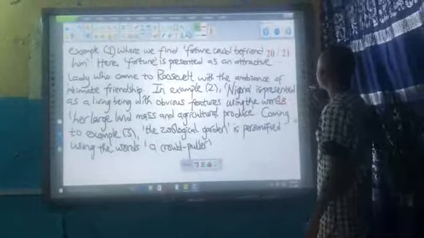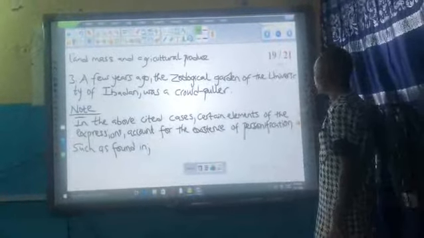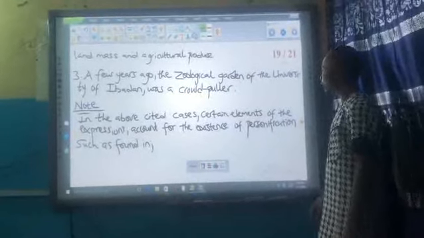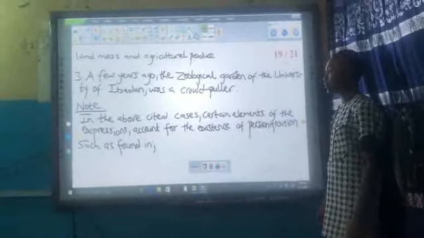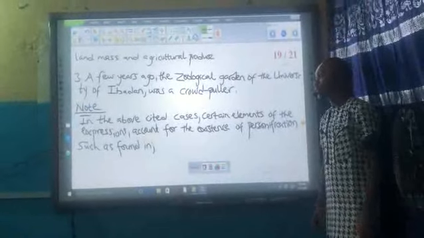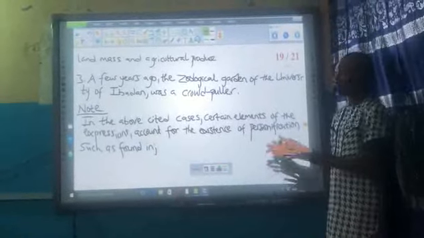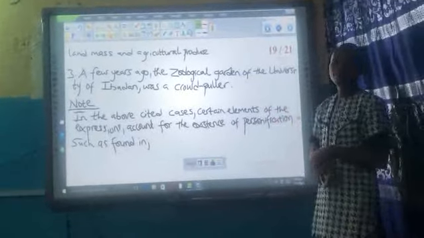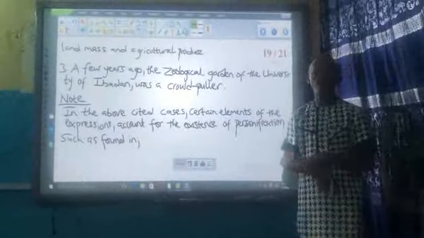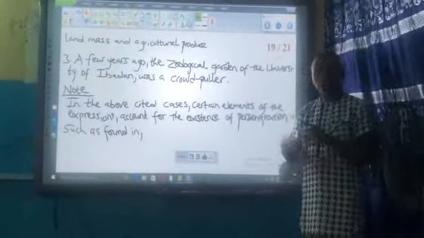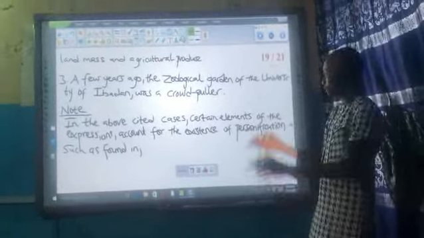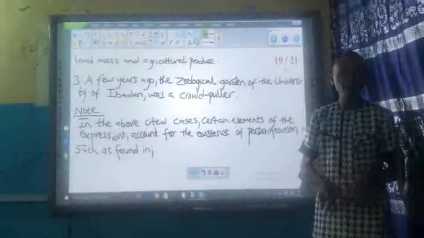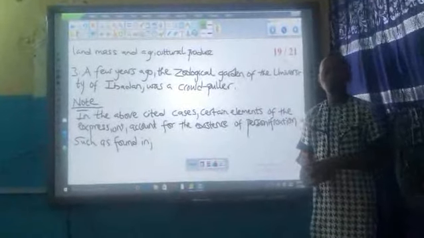Sorry, before coming to the self-study, we have the third example. A few years ago, the zoological garden of the University of Ibadan was well known.